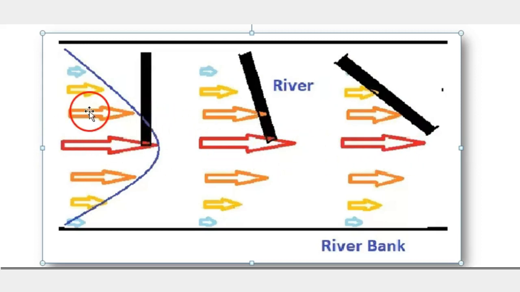Then velocity decreases like this, as well as along this side, further decreases, and ultimately theoretically it is 0 along the bank. So due to the different velocity vectors, the rod will rotate and will settle ultimately along the river direction.